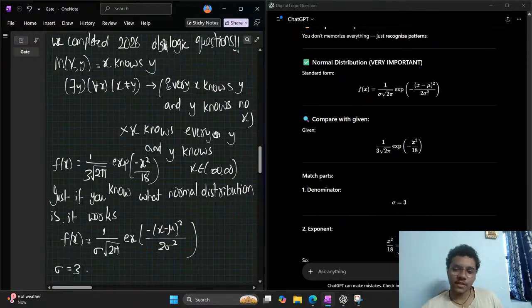Sigma is equal to 3. Exponent is x square by 18.